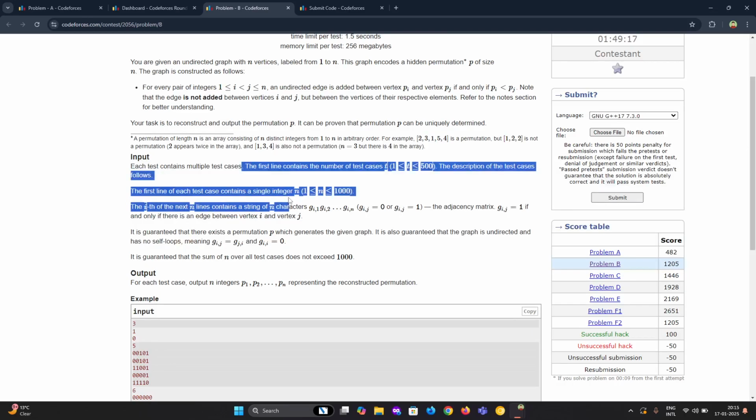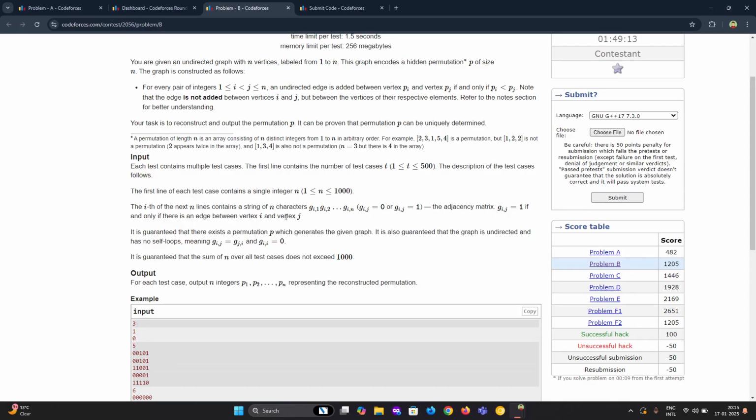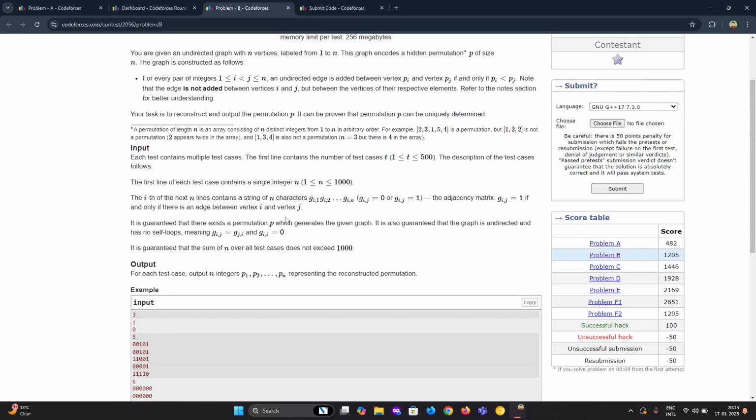So this is test cases, n is an integer, then the adjacency matrix.